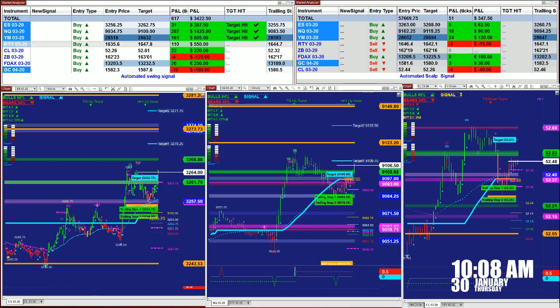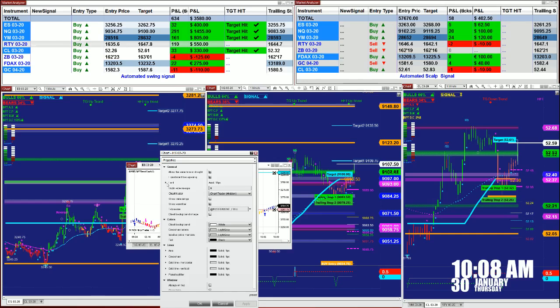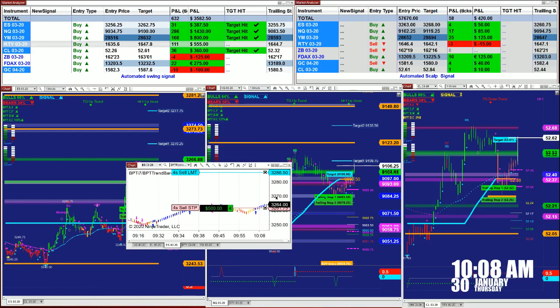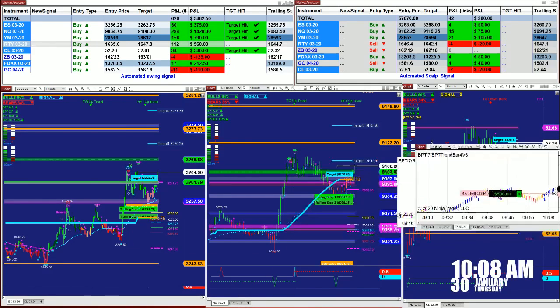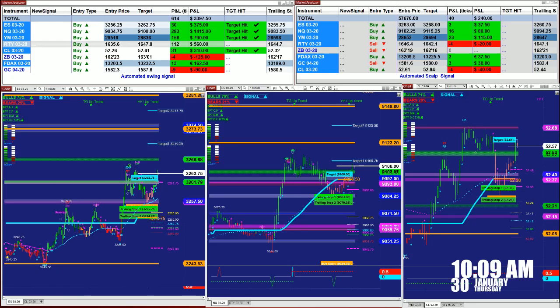If we look at this, we are testing the breakout on the ES. $500 in that trade on the breakout, and we will be looking at the others later on. Let's see what else we have.